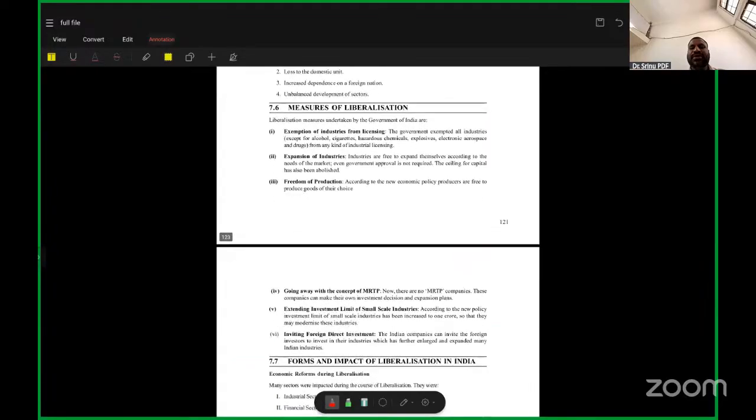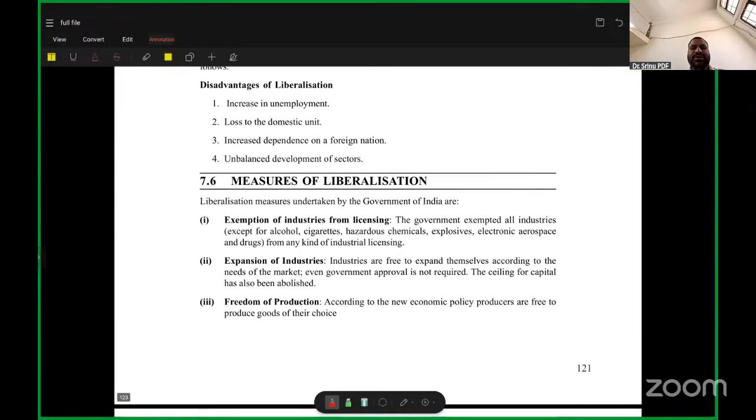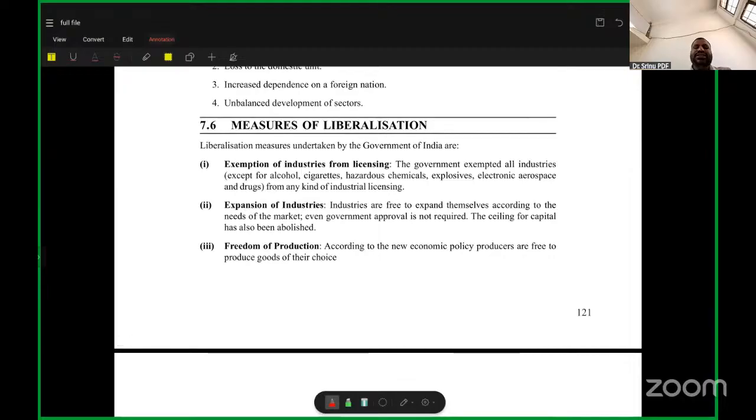The measures of liberalization. How can we measure the liberalization? First, exemption of industries from licensing. The government exempted all industries except six.